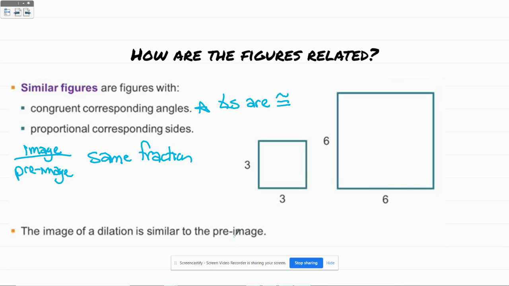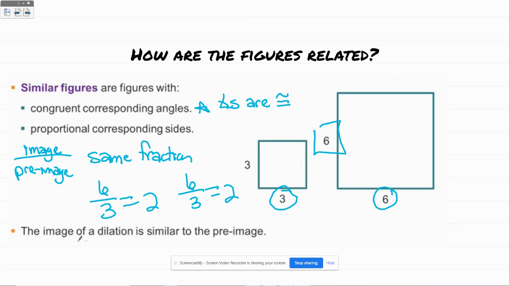In this example, I have a 6 that would go with the 3. 6 over 3 equals 2. That's that idea called a scale factor. This will also have to be the same, 6 over 3, which is 2. And the image of a dilation will always end up being similar when you're done.